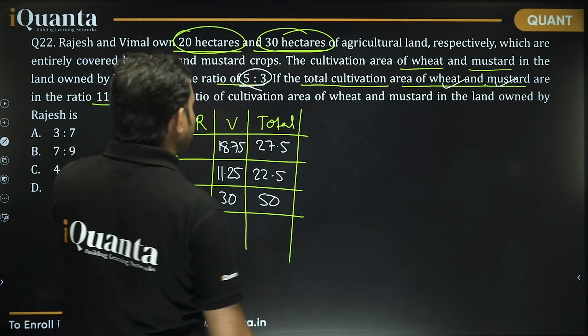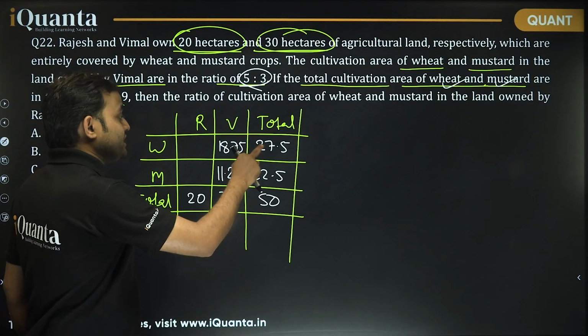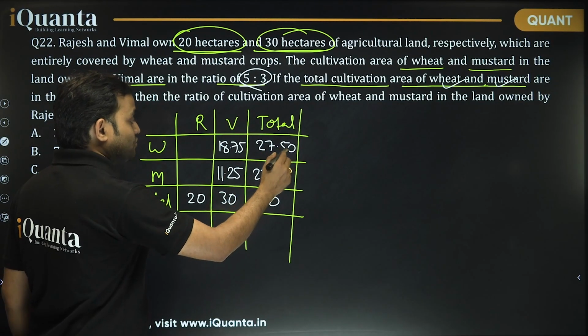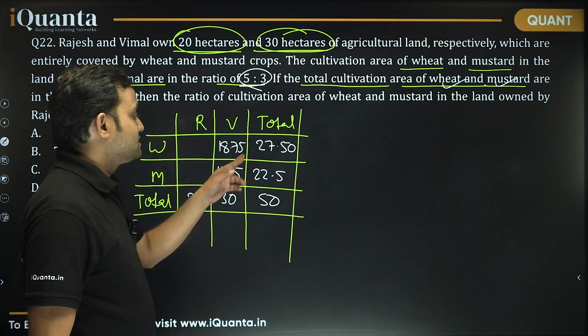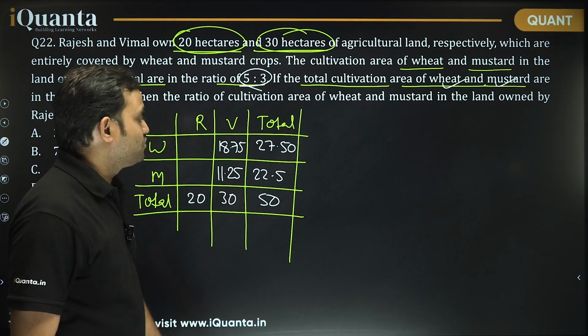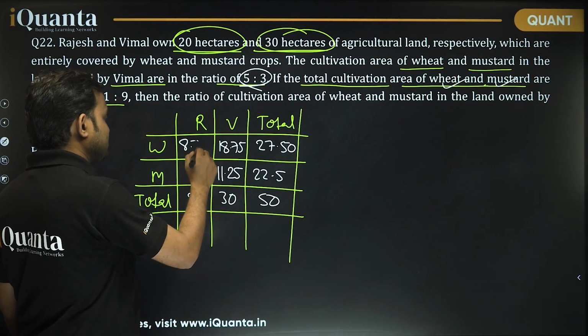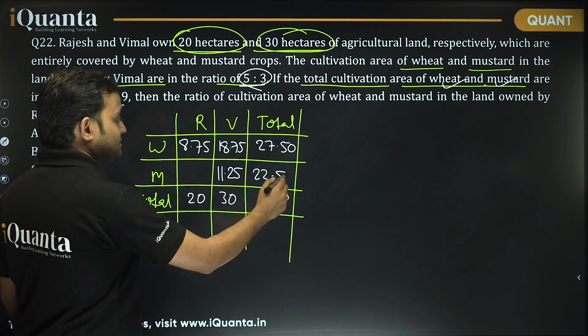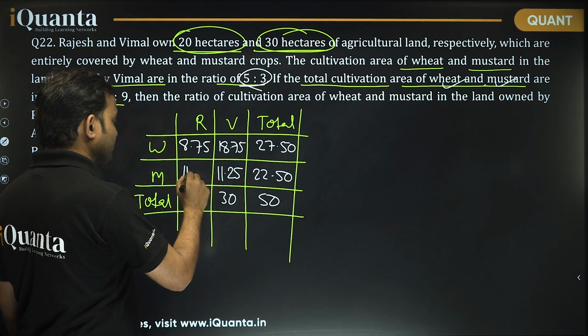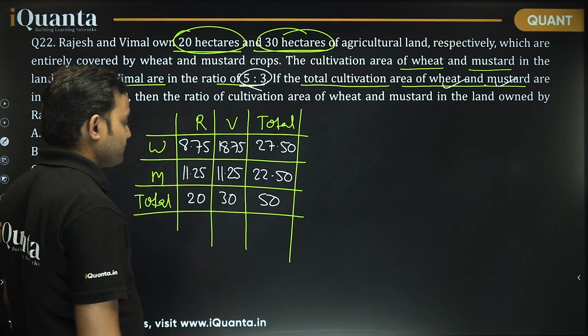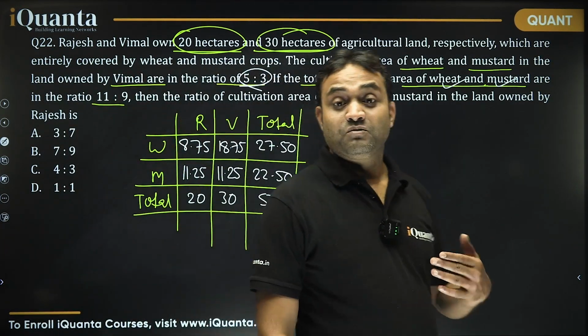Now, in the case of Rajesh, what we can say: 27.50 minus 18.75 is 8.75. And the remaining, which is 11.25, will be for mustard crops, right?